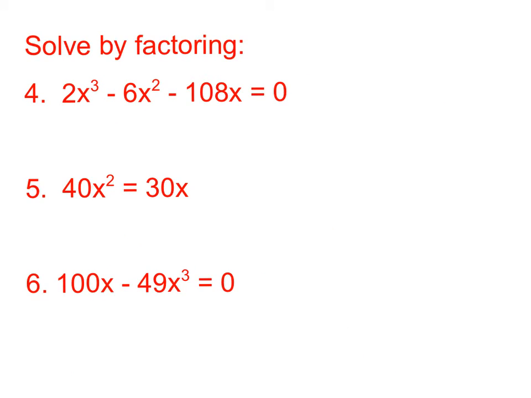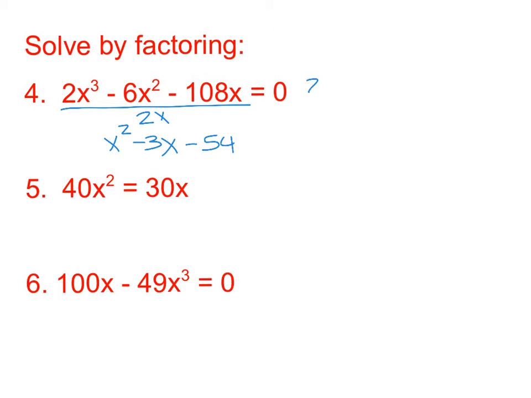All right, one more where we're solving to factor. Pause the video and do these on your own. So let's see, number 4, we have a GCF of 2x. I'm going to factor that out. So I get x squared minus 3x minus 54.